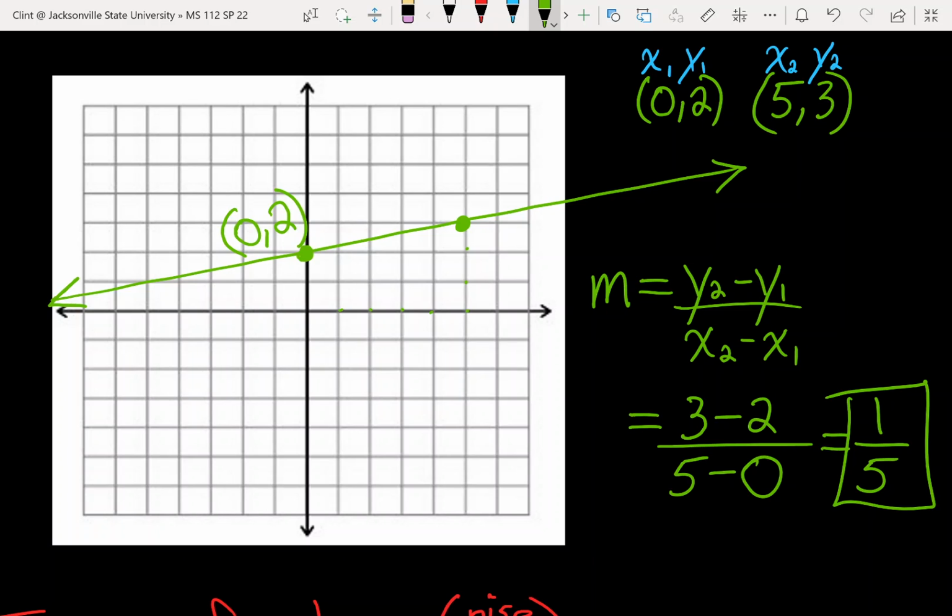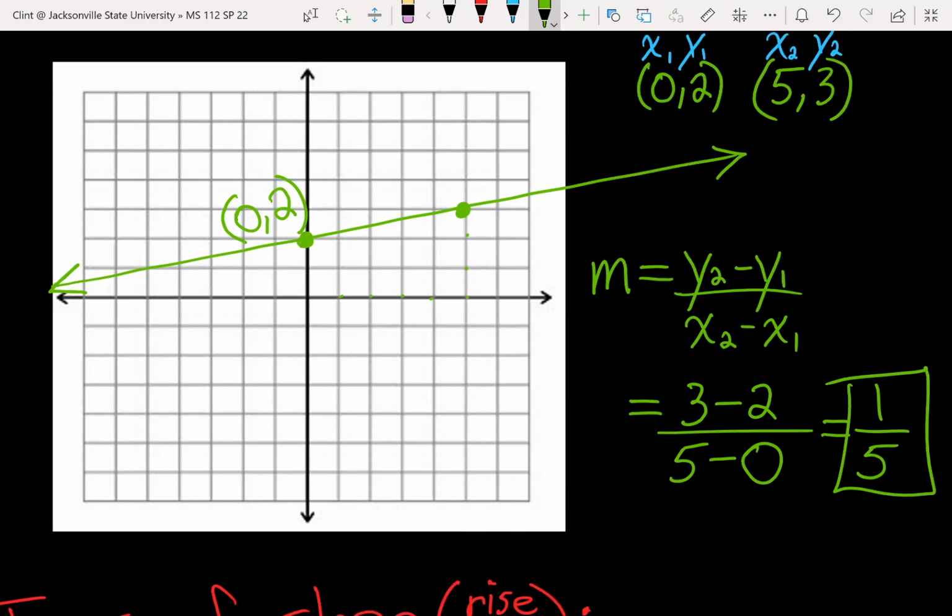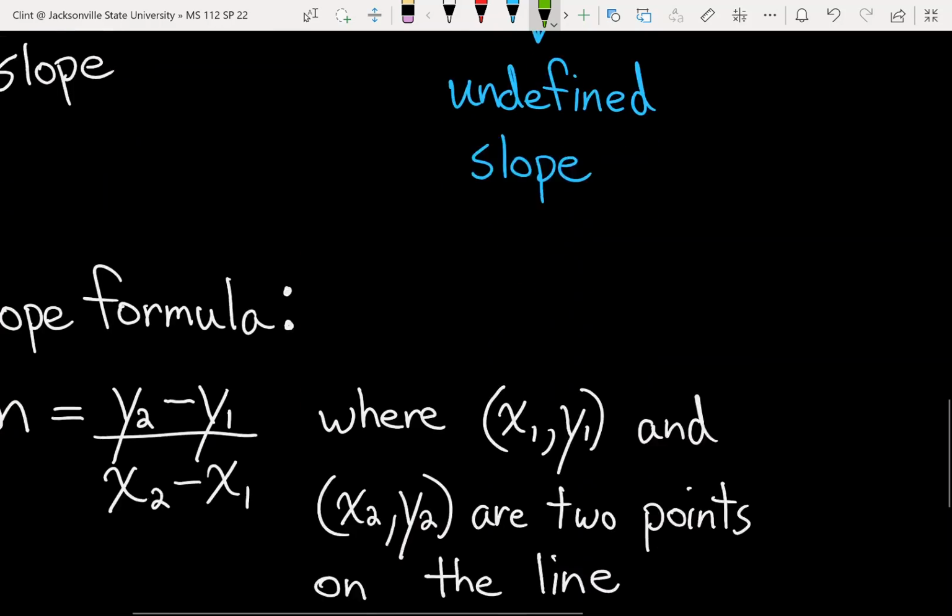All right, let's find another slope here. Sometimes you do have to be a little more careful with the signs.